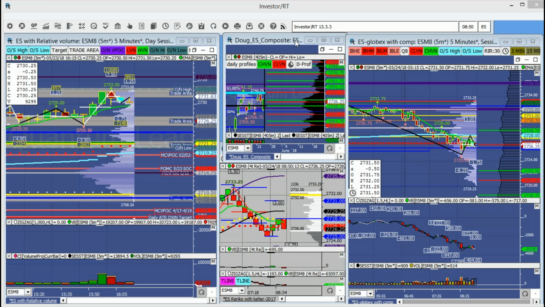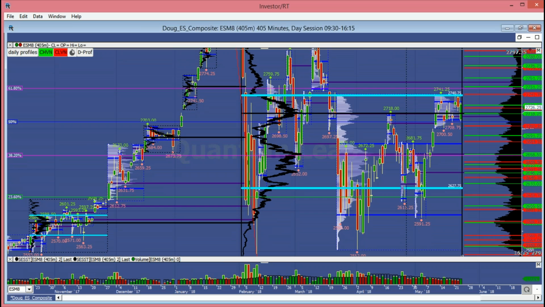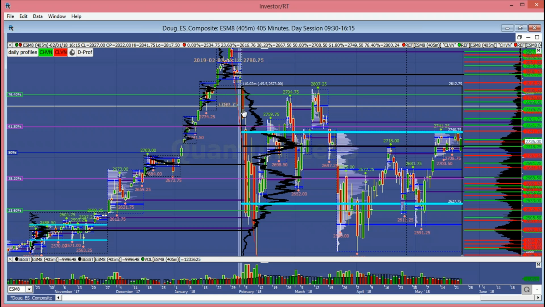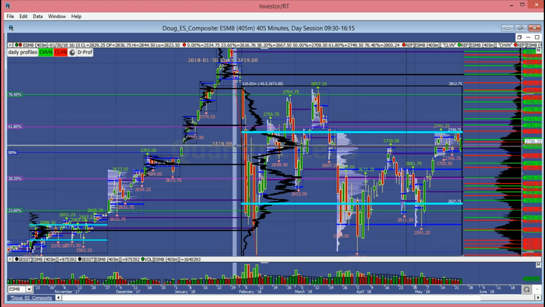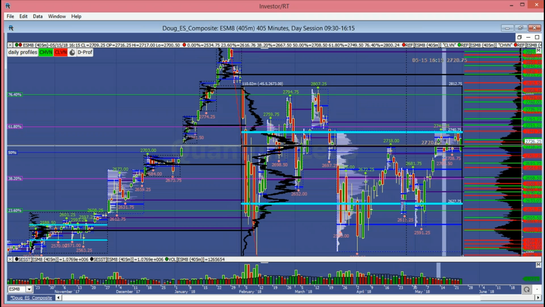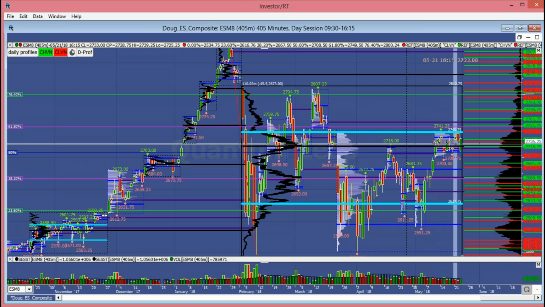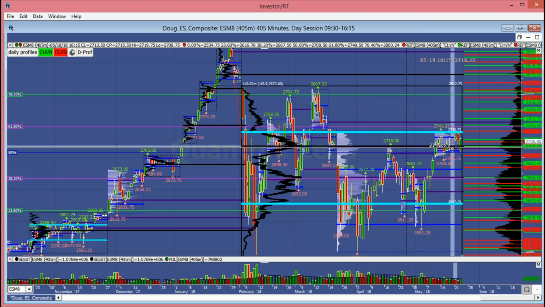A couple of things that are interesting: the VPOC for the microcomposite from the February 2nd shifted from down here at the 68, 69 area up to the 19, and then the VPOC from the balance here shifted down to the 1475. So that's clearly buyers stepping in and accepting this price between the 14 to the 19.